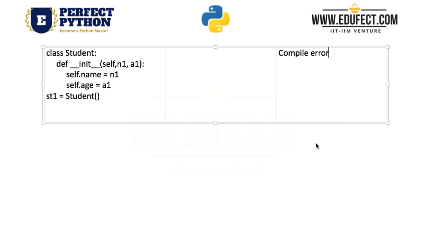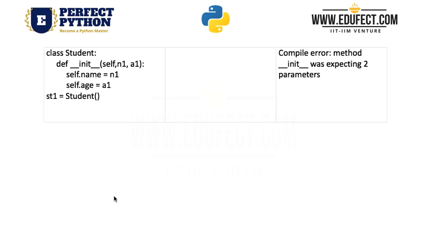Why? Because the method __init__ was expecting two parameters and it did not get any. So that is why this will not execute. We will get a compile time error.